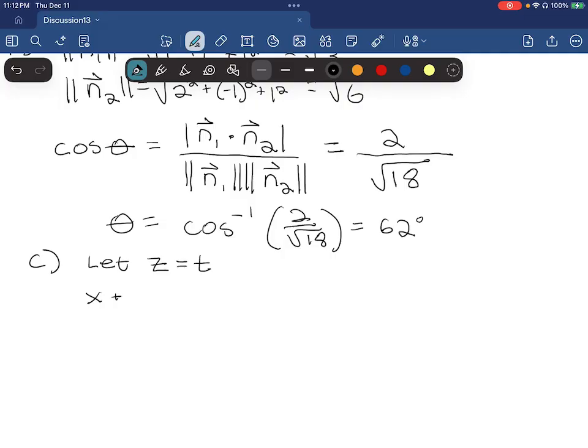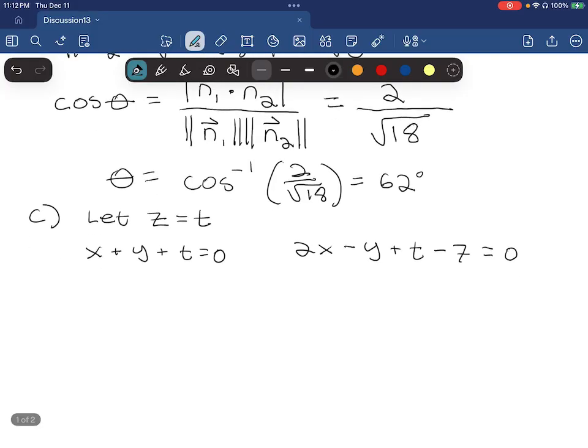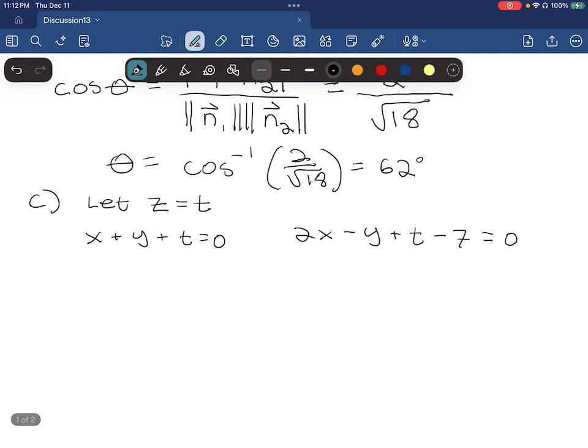So for normal vector 1, we get x plus y plus, and then subbing in the t for z, we get t equals 0. And for our other one, again, subbing in t for the z. So I think it'd be simplest to solve the first one for y. So y equals minus t minus x.